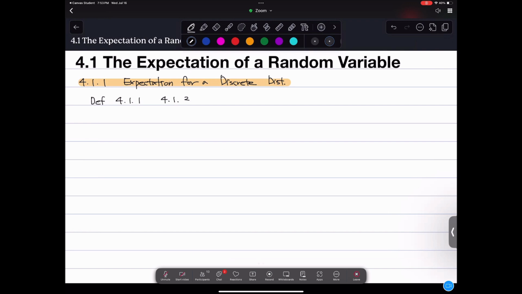Starting with the discrete case, x is a discrete random variable with the mass function f of x.